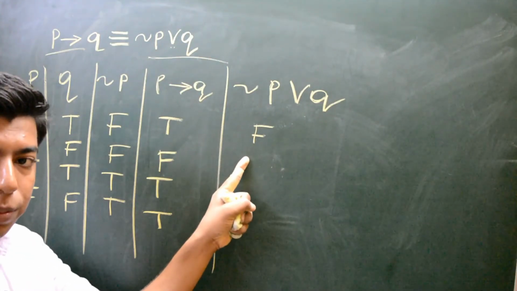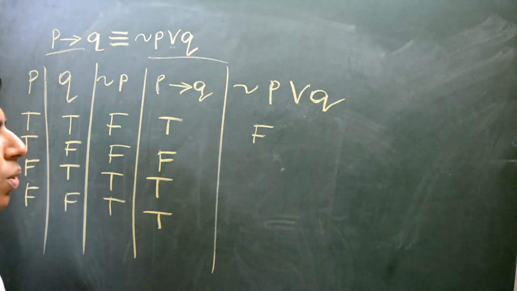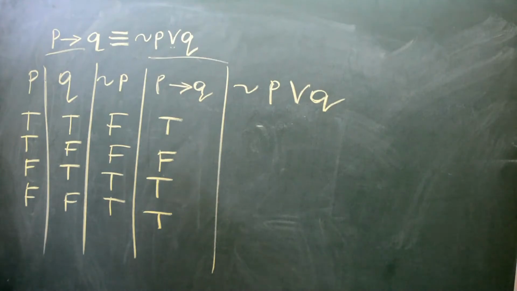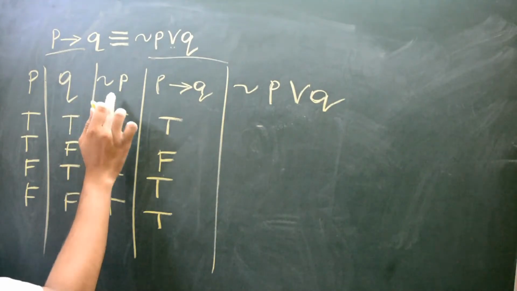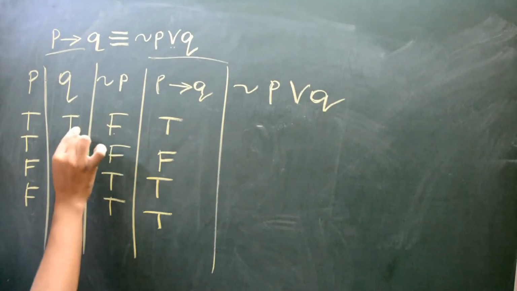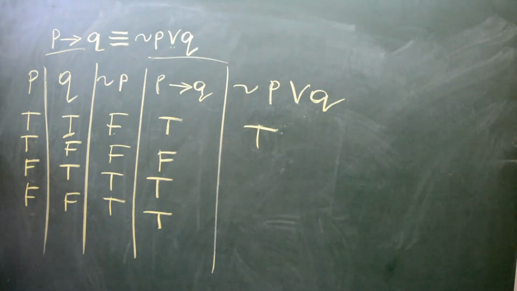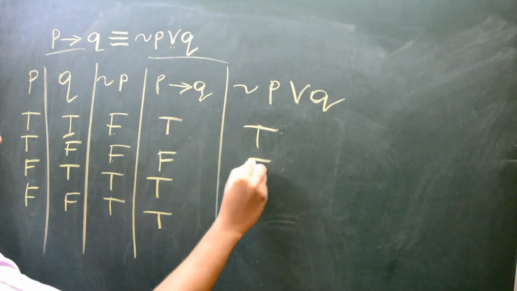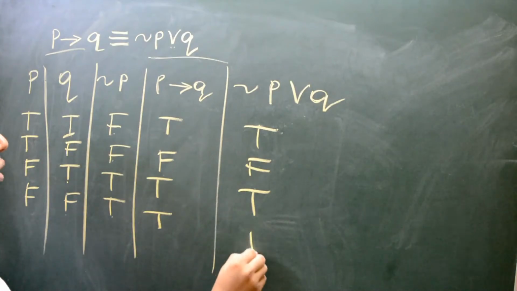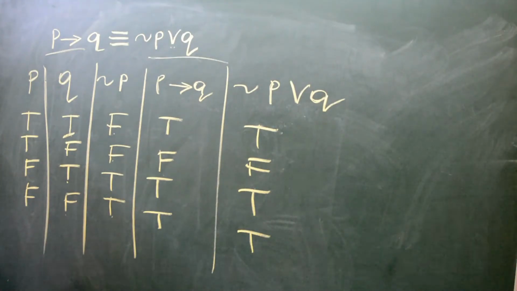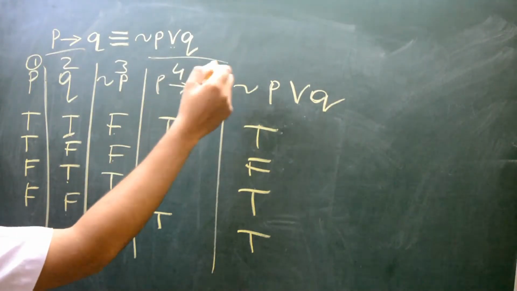Is it true? Is this correct? No, it is not correct. So negation P disjunction with Q, for FT, T is there, so directly write down T. FF, F. TT, T. TF, T. Now name the columns: this is column 1, 2, 3, 4 and 5.